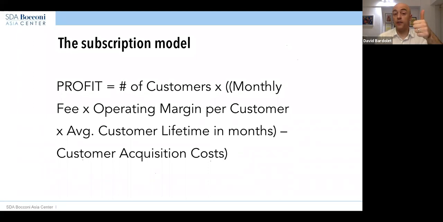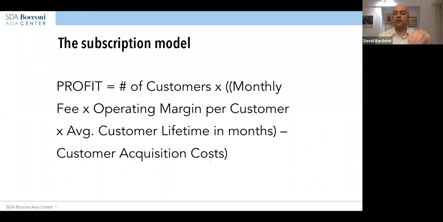The subscription fee, sort of the price, right? So we are, again, using the same concept as before, but slightly different. Monthly fee, price. The margin per customer, so how much money we're making out of that price that we can keep after taking out the costs. Fee times the operating margin would be how much money is left after we subtract the costs.